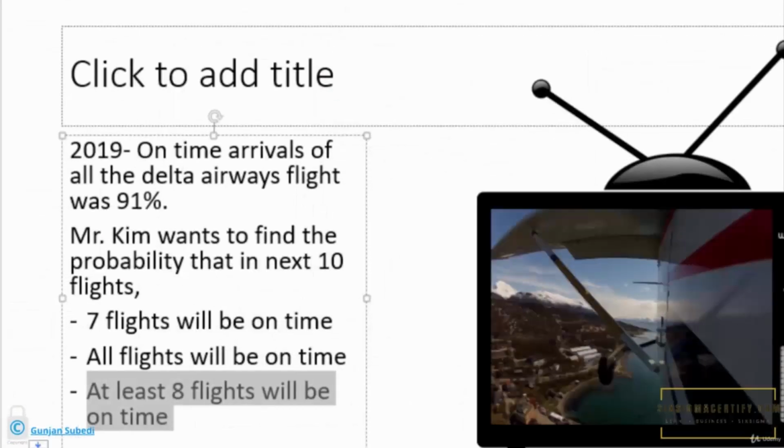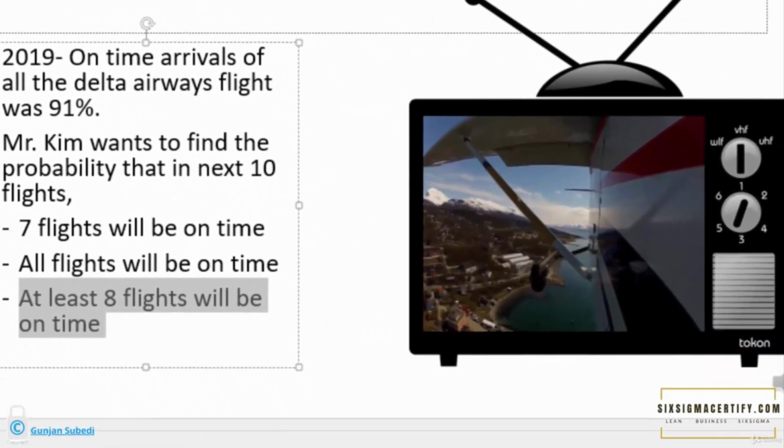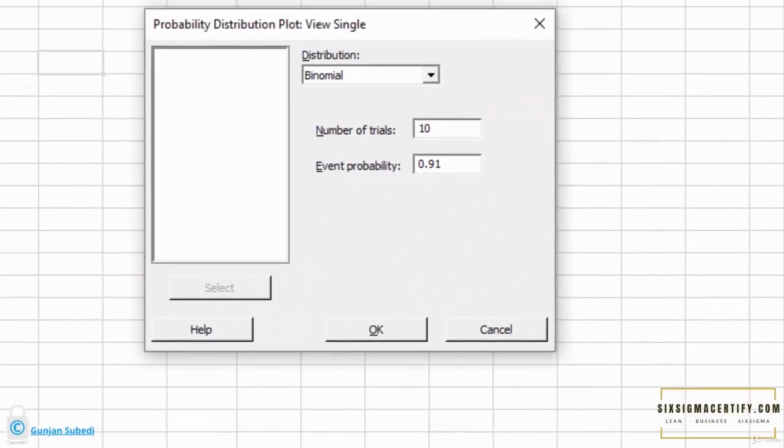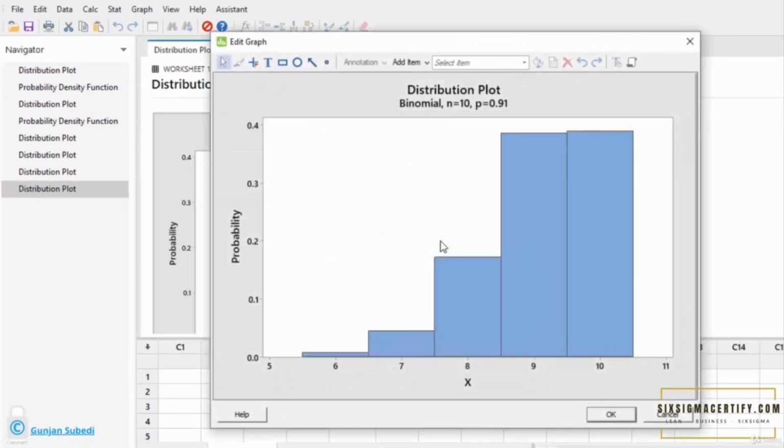So the trial is 10 and the event probability is 0.91 because the on-time arrivals of all the Delta Airways flights was 91%. So we assume that the event probability is the same this year too, and we click on the OK. As soon as we click OK, we see a binomial distribution plot.